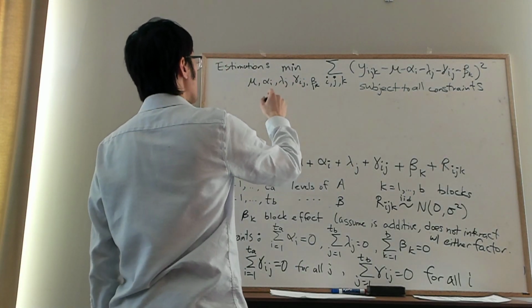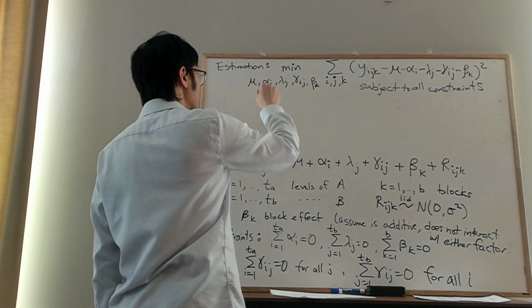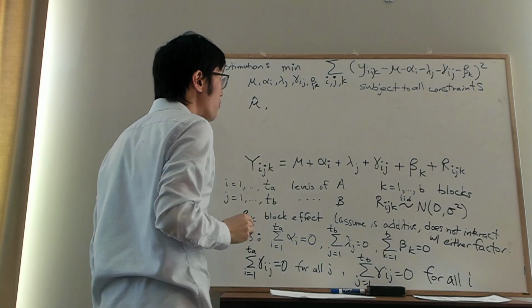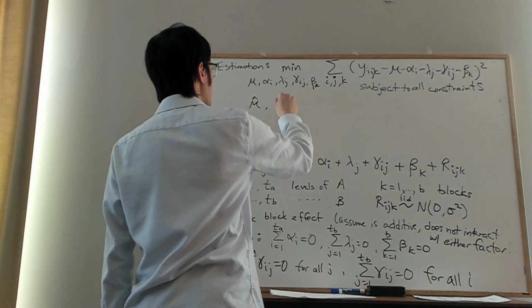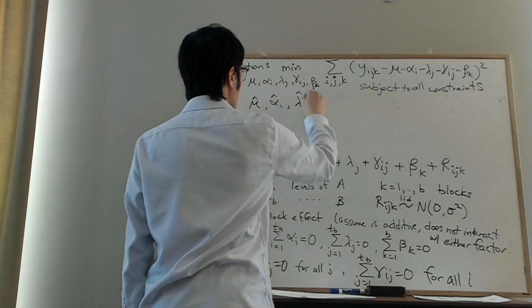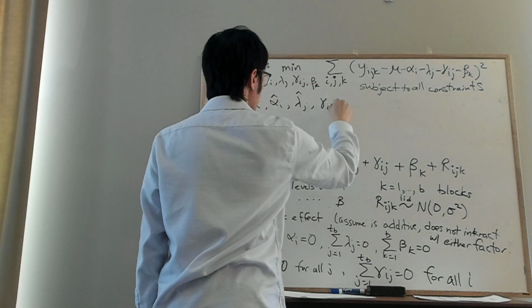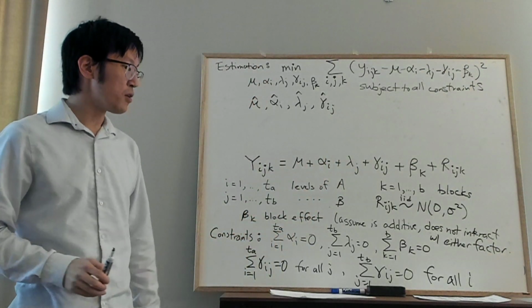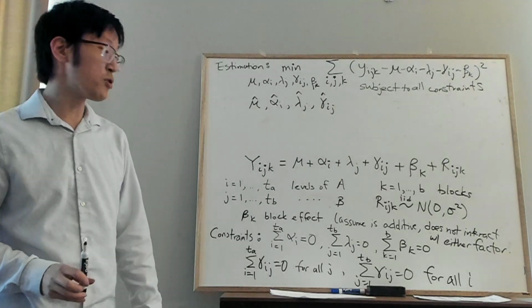So the estimates: 4 sets of those parameters, the mu, alpha, lambda, and the interaction parameters, are exactly the same as in the 2-factor interaction model.